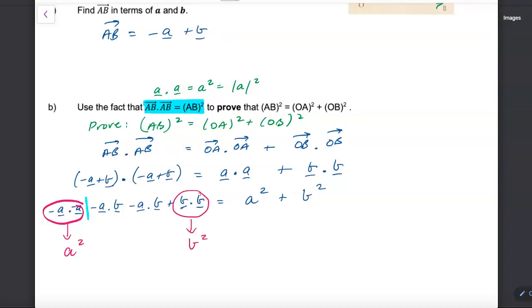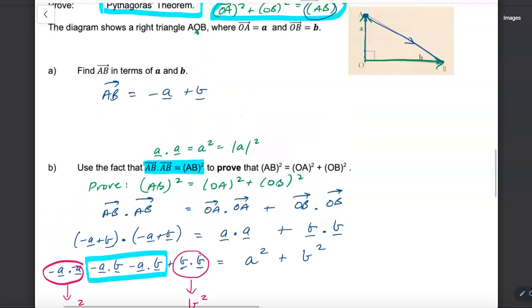So now we need to consider these two terms left. The one thing we do know, if we go back to the diagram, is that vector A and vector B are at 90 degrees, because we know for a fact that we're dealing with a right triangle.